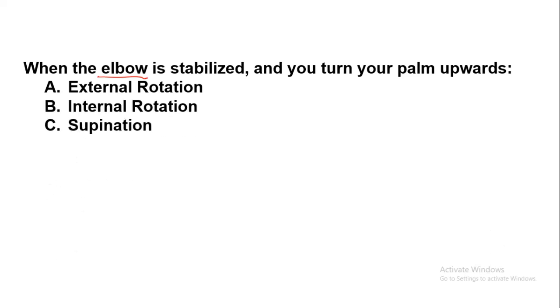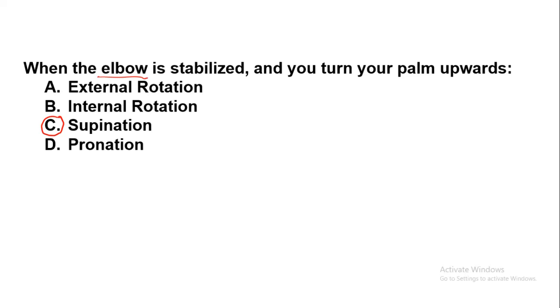That simply means that you are supinating, and the best answer in this case is supination, because the palms are facing upward, meaning that you have used two important muscles here: the supinator muscle, which is on the anterior region of the forearm, and also the biceps brachii muscle, which is also helping in the supination of the elbow joint.